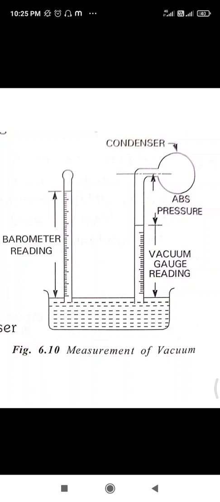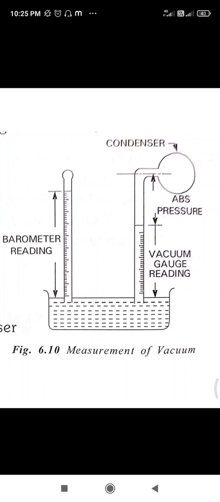Simply, the vacuum efficiency is equal to (P bar minus P) divided by (P bar minus Ps). The absolute pressure P is equal to Ps plus Pa. This is the vacuum efficiency.